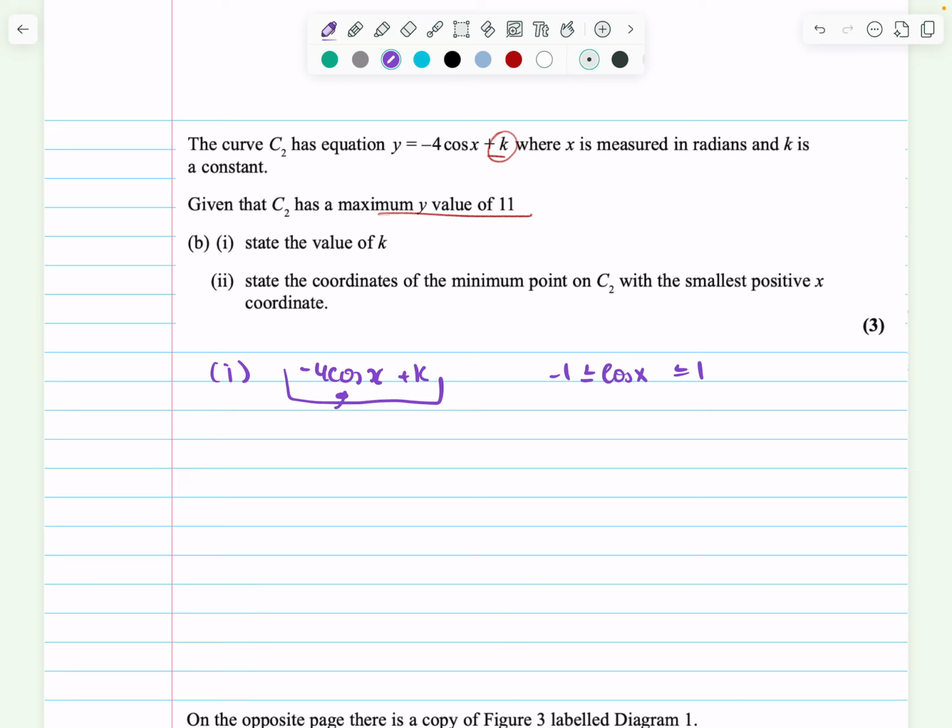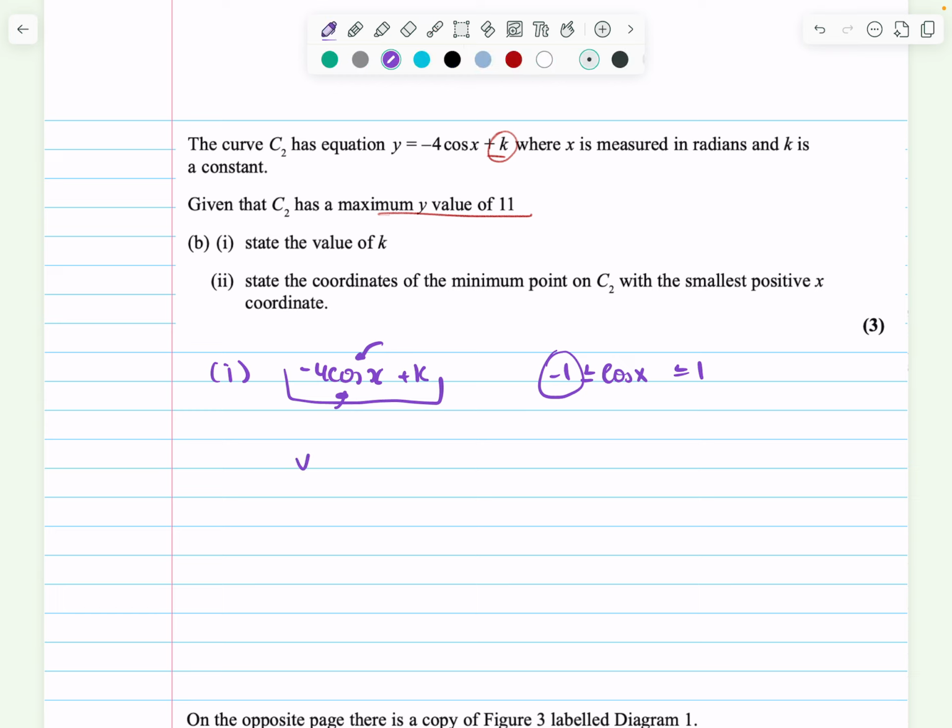If it's like -4x plus k, and we can say that x is defined between -1 and 1, okay? So to make this expression maximum, you need to take a negative cosine, which is -1. The reason is that negative times negative will be positive, and that means 4 plus k, whatever k is, can get the maximum, okay? All right.